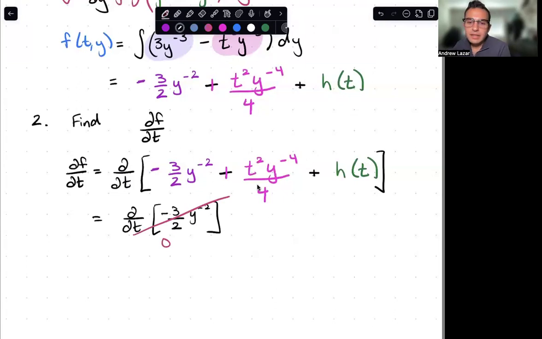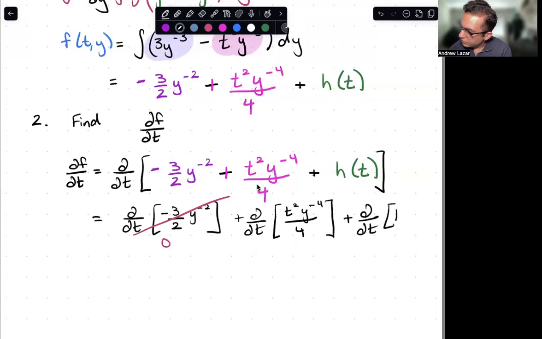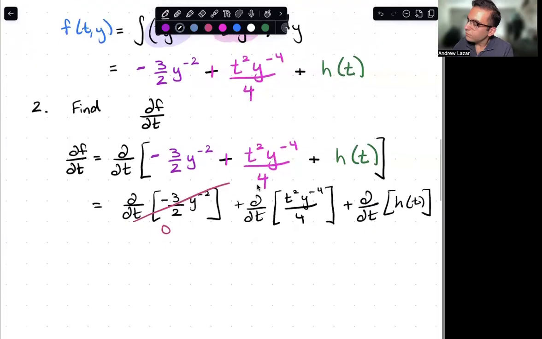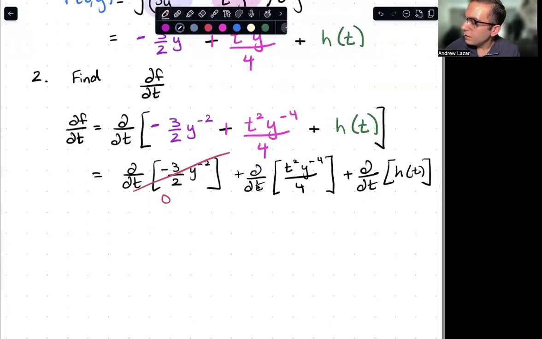The partial with respect to t of t squared times y to the minus 4 over 4. And then the partial with respect to t of h of t. What we're going to do is on our t squared term here, we're going to use power rule and differentiate like that. So what we have is 2t times y to the minus 4 over 4 plus the derivative with respect to t of h of t.